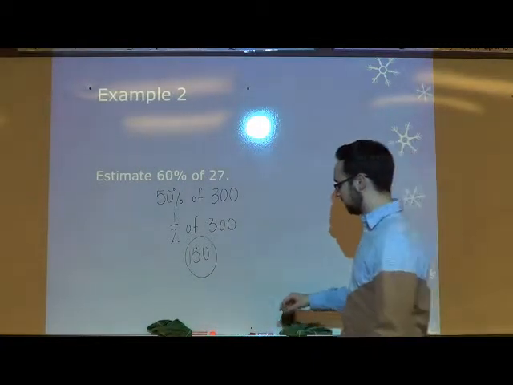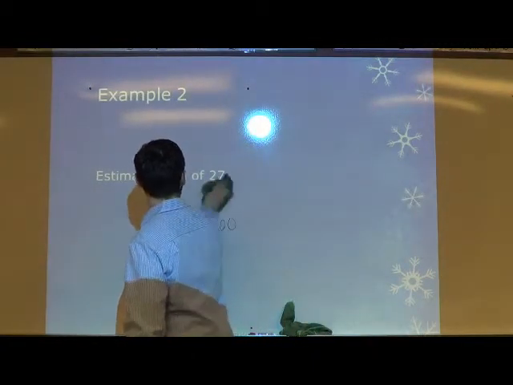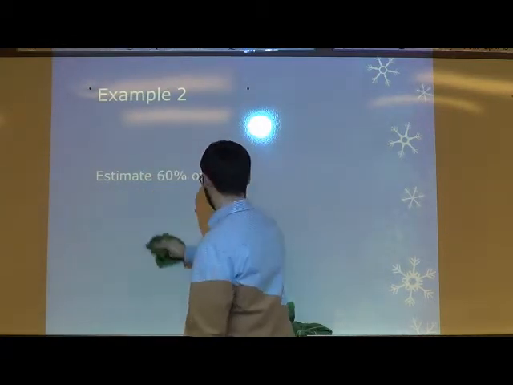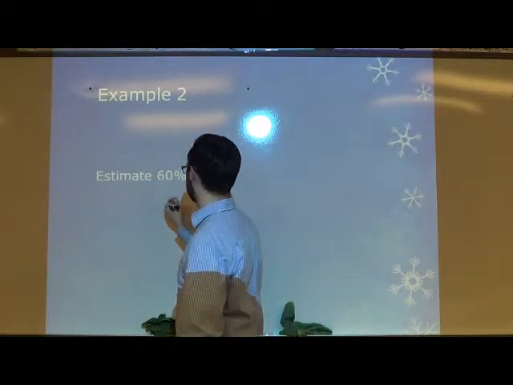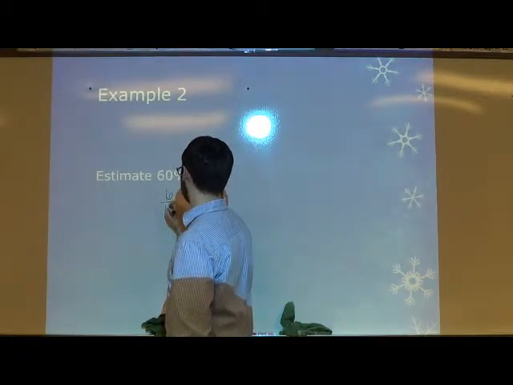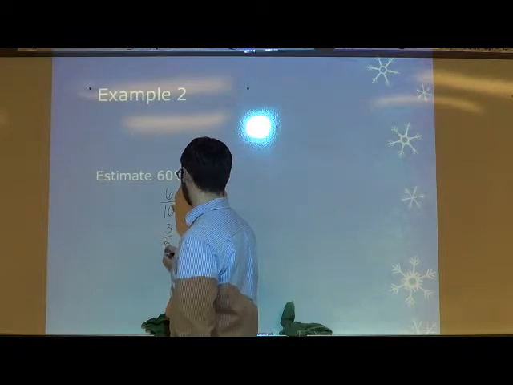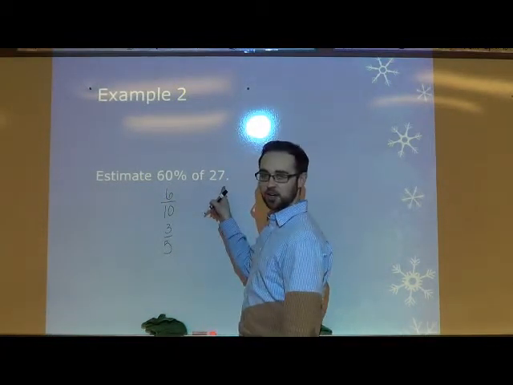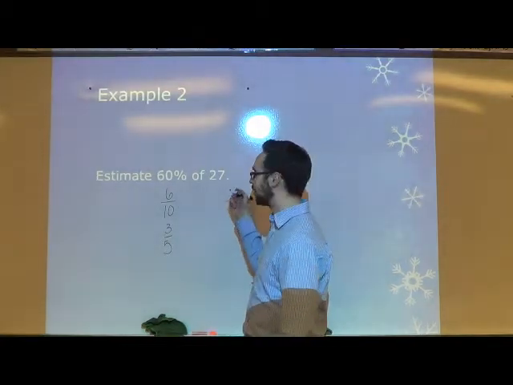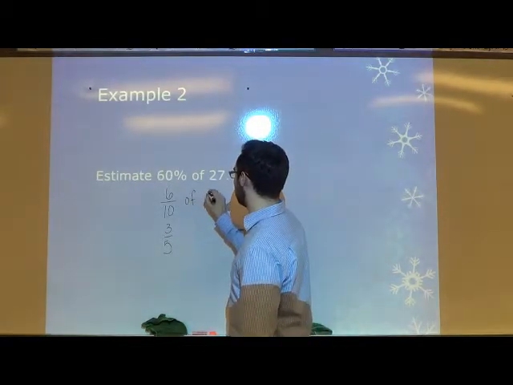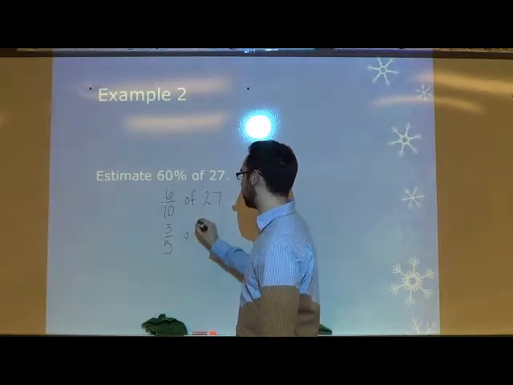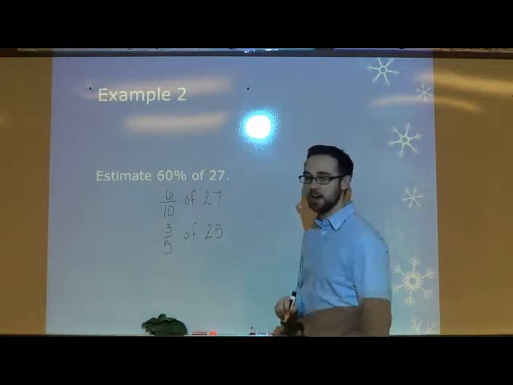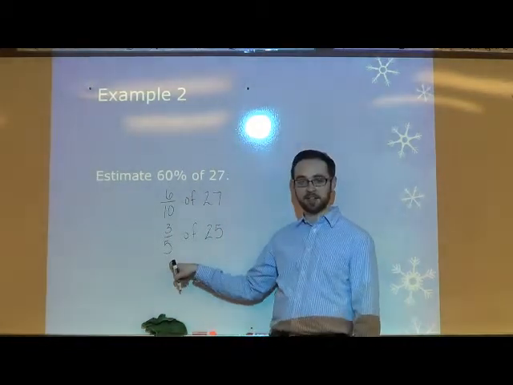Let's take a look at a second one of these. 60% of 27. Before I do any rounding, 60% is 6/10, which is 3/5. When I look at 3/5, the denominator, 27 can't go in there, but it's close to what? 25. So I'm saying 6/10 of 27, I'm going to change that to be 3/5 of 25, because 25 will divide nicely by 5.